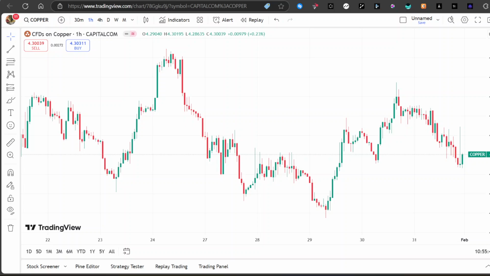So let's quickly start with an overview of copper trading strategy. Copper is one of the most actively traded commodities, known for its sensitivity to economic changes and industrial demand. Its price movements can signal broader market trends.